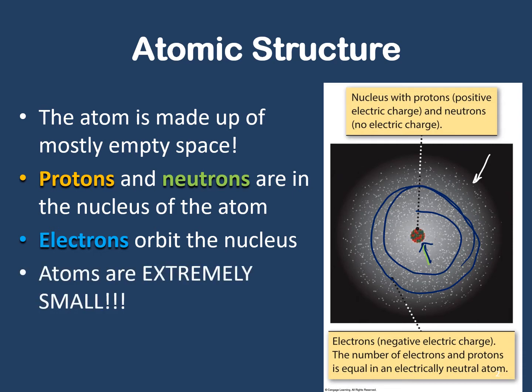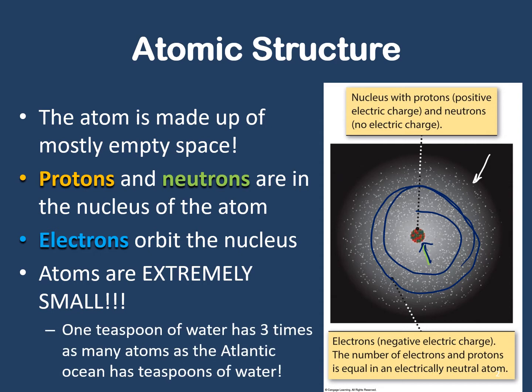Atoms are extremely small. It's hard to even have a reference for how tiny an atom is because we have nothing to compare it to. So here's an example. 1 teaspoon of water has 3 times as many atoms as the Atlantic Ocean's volume in the units of teaspoons, which I'm sure you can think of how big that would be because you've all seen a teaspoon before.